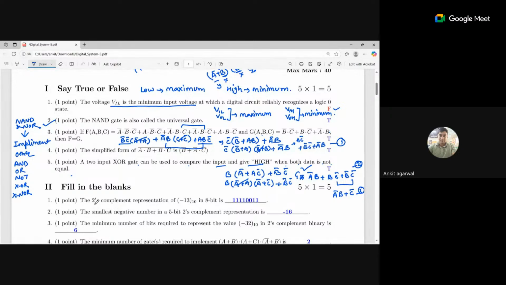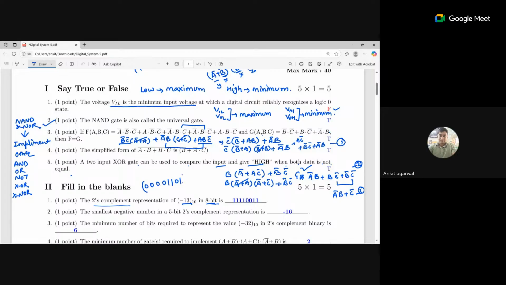Okay, now we have to represent minus 13 in 2's complement form using 8 bits. So what is the representation of 13? 01101. You can see this is 5-bit data. We require the data in 8 bits, so I just convert it to 8 bits.